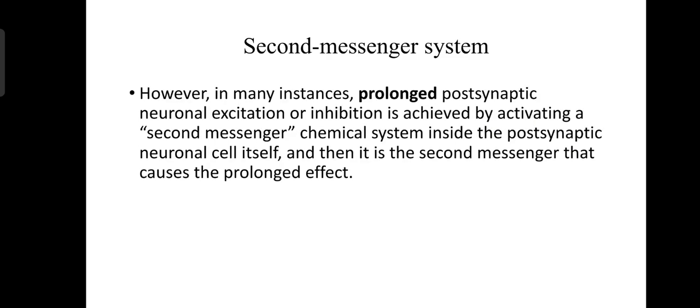However, as we said, some functions of the nervous system need a more prolonged action than just opening and closure of these ion channels. That's why there is activation of the metabotropic receptors that use a second messenger system.